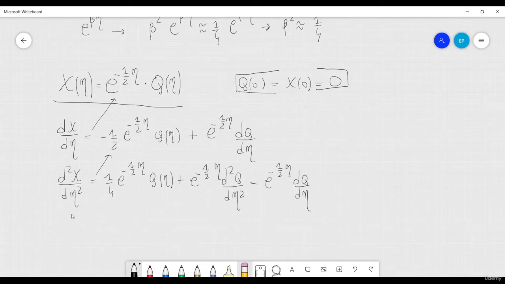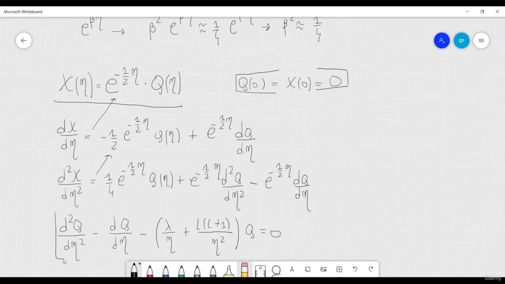You can manipulate the ordinary differential equation with just a few steps, and you can find that you get d squared q over d eta squared minus dq over d eta minus lambda over eta plus L times L plus 1 divided by eta squared times Q equal to 0.